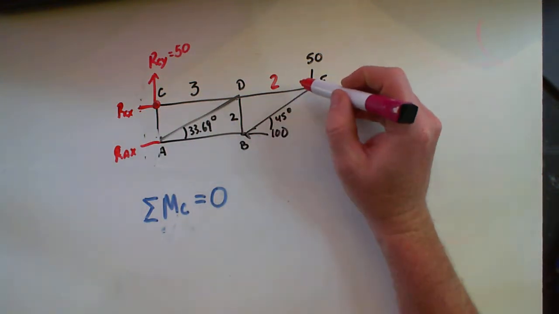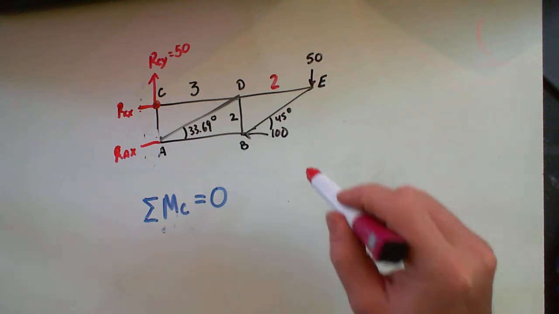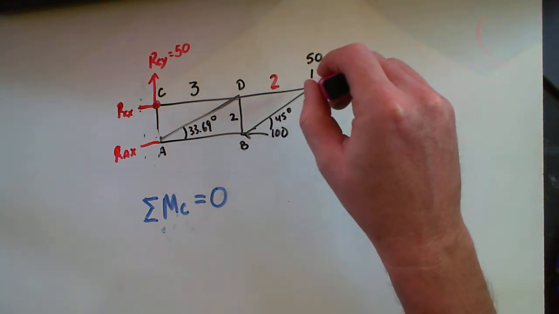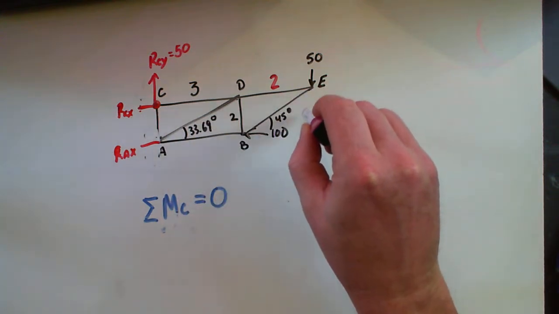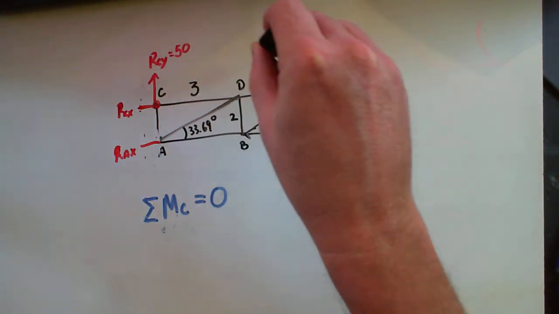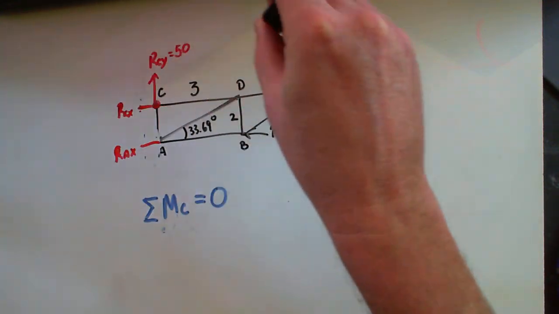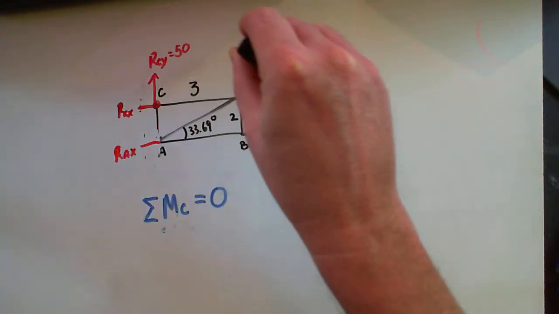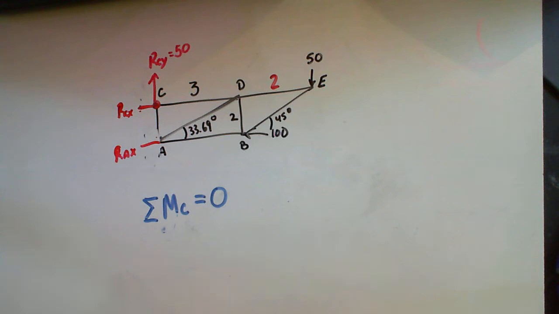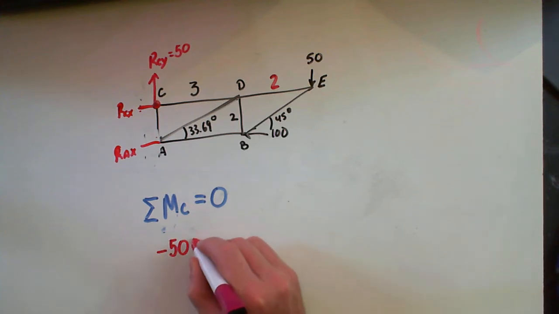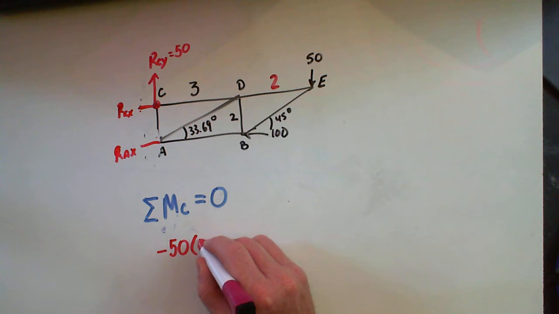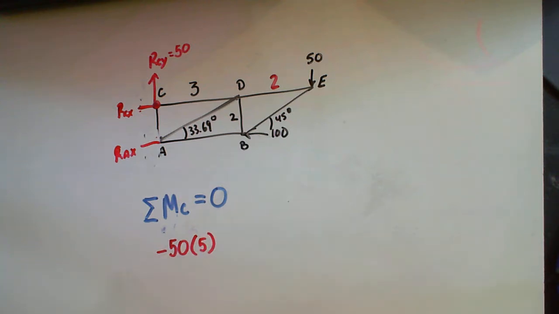We also take into account the direction that this 50 is going. So if I'm rotating about this point, this 50 is going to cause rotation this direction all the way around, following that arrow. That is clockwise direction. As we have discussed, clockwise is negative. So we have negative 50 times 5.